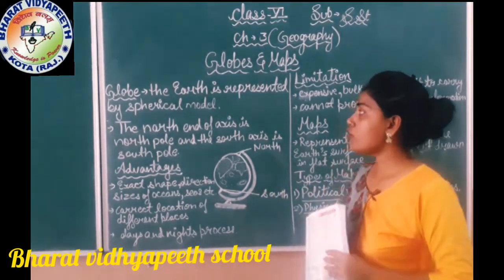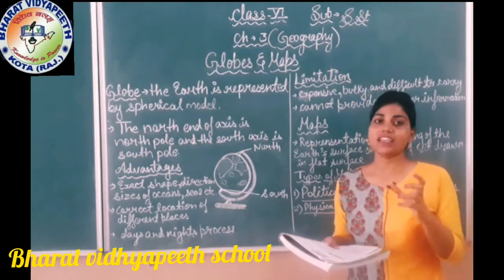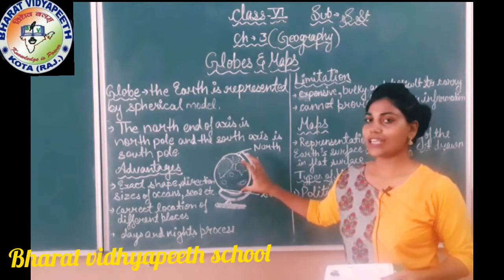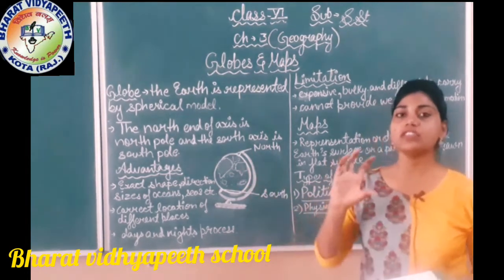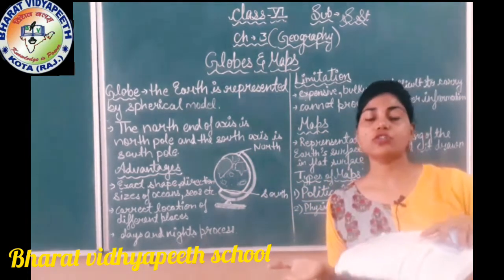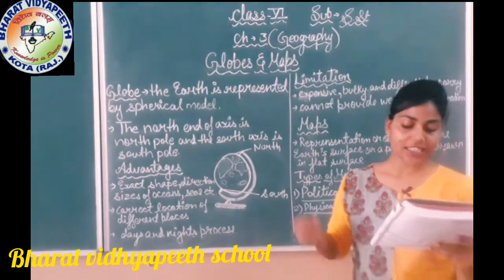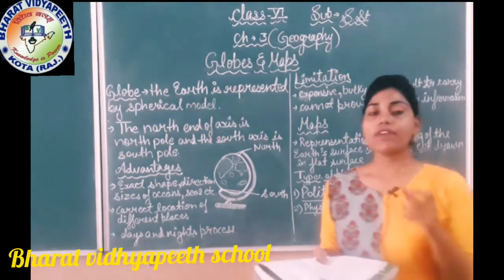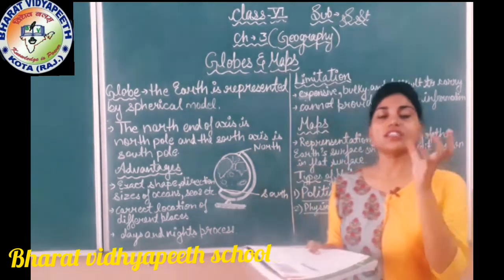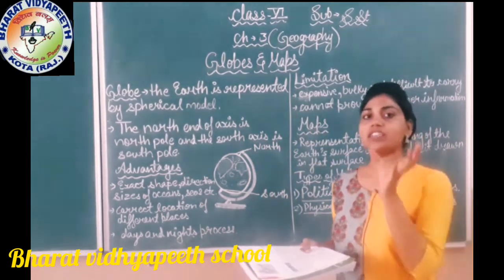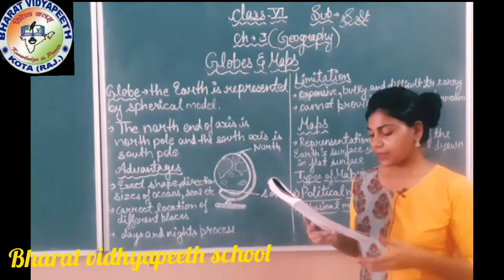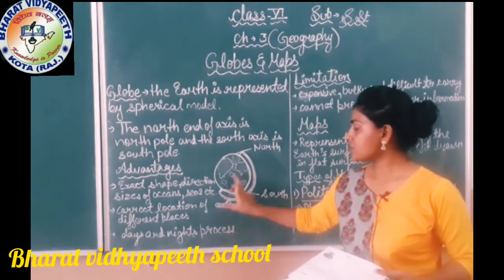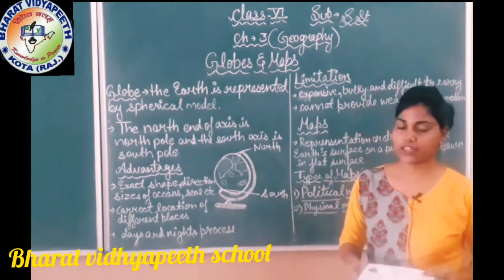On this globe, our earth is also slightly tilted. Tilted means it is bent to one side from the perpendicular axis, at 23.5 degrees. Our earth is a little bit tilted with respect to its orbital plane. That's why it is divided at this area.